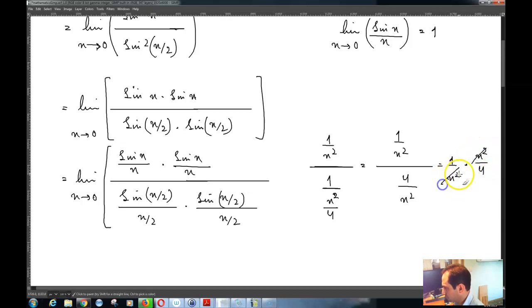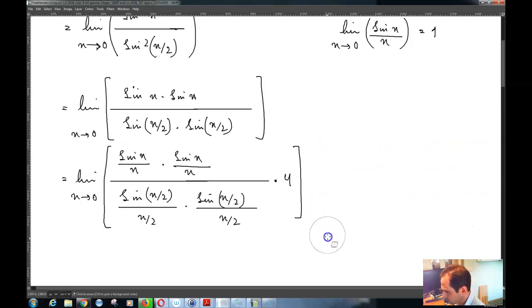So these two can cancel out and you will be left with 1 over 4. That means that overall you have multiplied this whole fraction by 1 over 4. So I have to take it out, so I multiply this fraction by a 4. And 4 times 1/4 is equal to 1, which means that I haven't changed anything in this fraction.